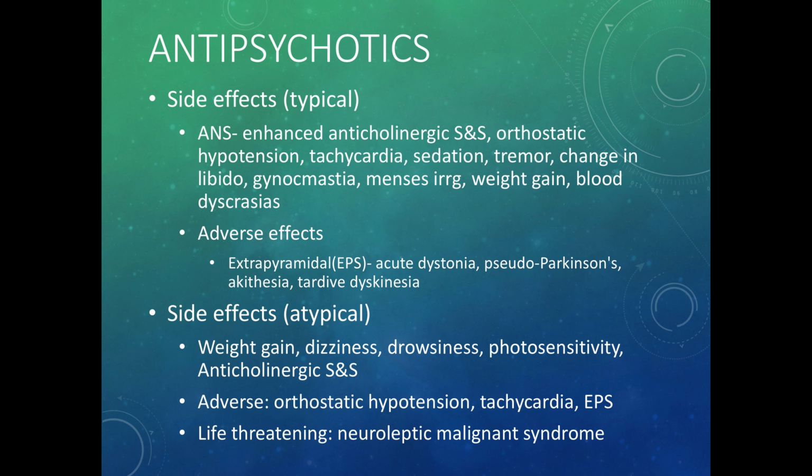Tardive dyskinesia, pseudo-Parkinson's, like shaking or fine tremors. They can have acute dystonia. And so these are the reasons why we don't like to use the typicals, because they have these extrapyramidal side effects. We see much less of those with the use of the atypicals.